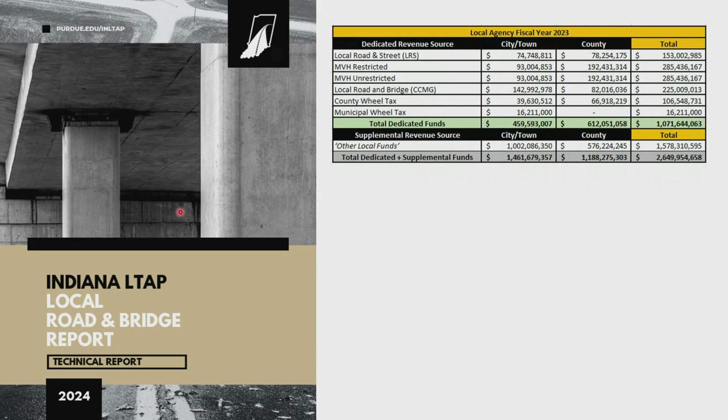And then we were able to use the annual operations report and report that there's a total of $1.6 billion that year that locals were investing into their local road and bridge network, transportation network, coming from other funding sources outside of the MVH, local road and street, and some of the dedicated road funding sources that you get from the state.